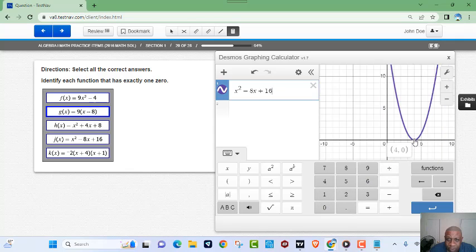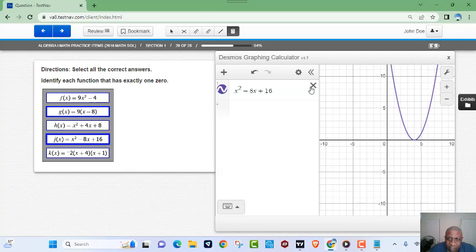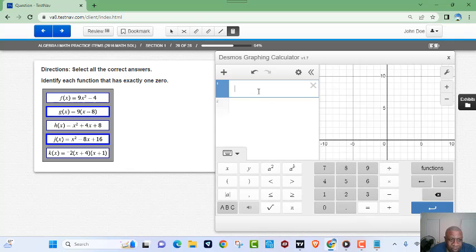Oh, there's only 1 zero there. That one. And then finally, let's do negative 2, open parentheses, x plus 4, and then x plus 1.